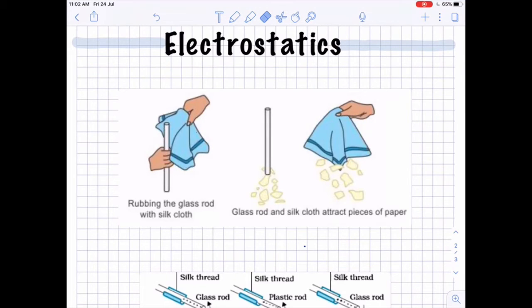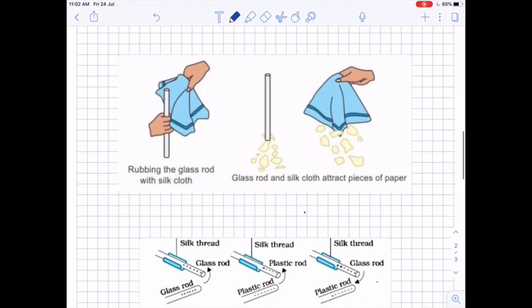Now let's understand static electricity with the help of an example. Here we have a glass rod and a silk cloth. If we take the glass rod and rub it with the silk cloth, there will be transfer of electrons from the glass rod to the silk cloth.